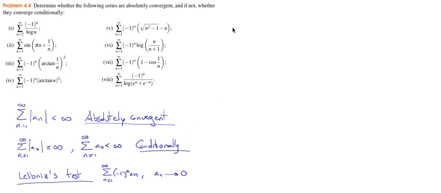So let's start with the first series, the series from n equals 2 to infinity of (-1)^n over the logarithm of n. As usual, the series with the logarithm start at 2 because the logarithm of 1 is 0, so it doesn't make any sense to have 1 over 0. So a sub n is (-1)^n times 1 over the logarithm of n.